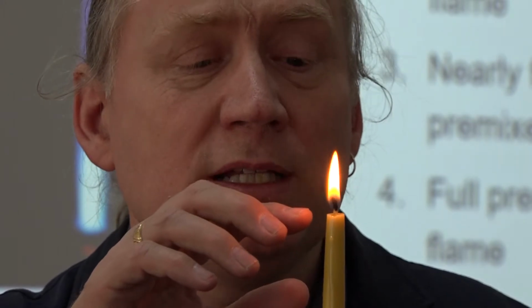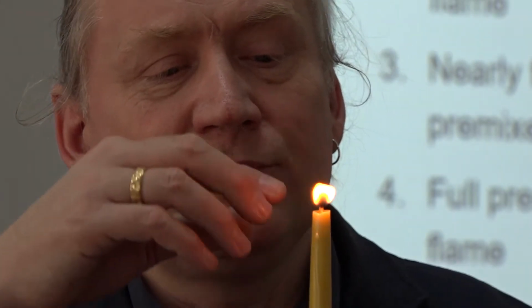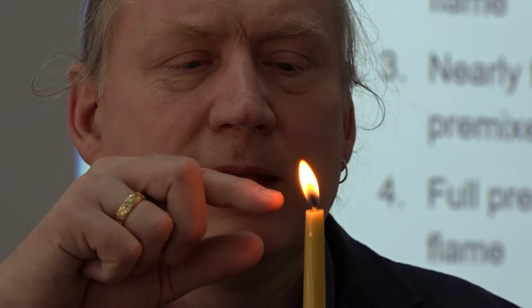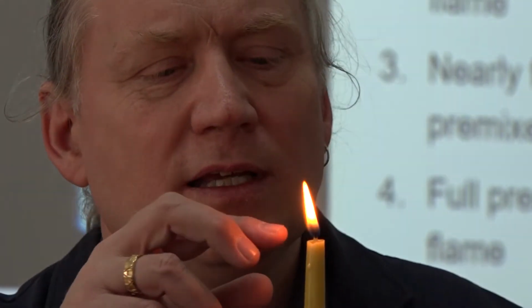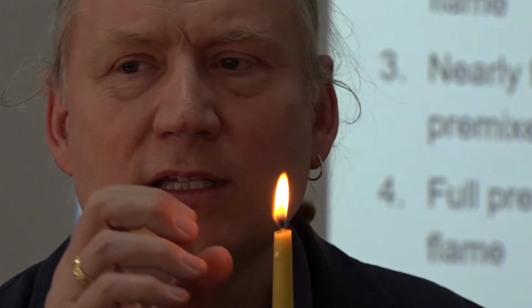Then you have generated a lot of soot, and the soot is unburned carbon particles. This soot is hot, and it radiates heat, so that is in fact what gives the flame its yellow color. So the yellow color of the flame is caused by the soot in the flame.